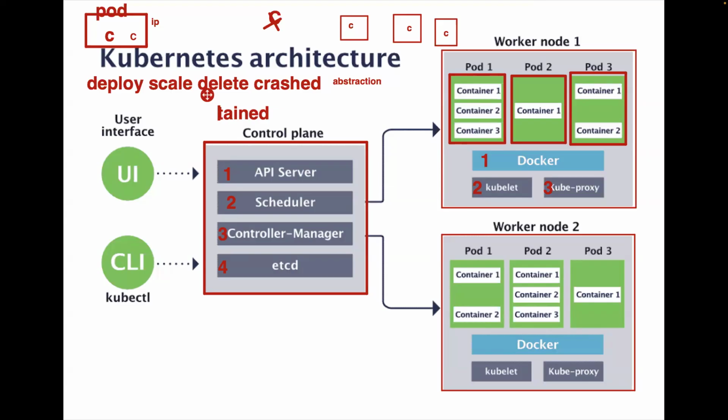Right. So it has different components like API server, scheduler, controller manager, etc. Let's look into each component. So master node is called the control plane of the cluster, and this API server is called the core component, or else this is considered the brain of the cluster. Any input is given to the API server. And how do you give the inputs?